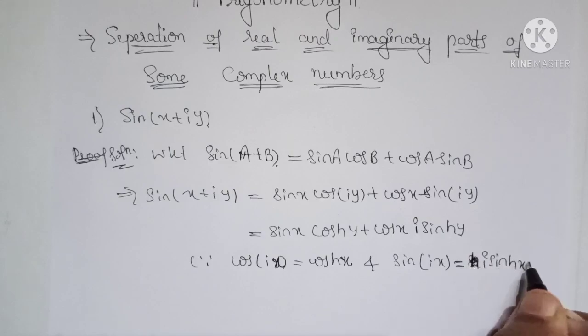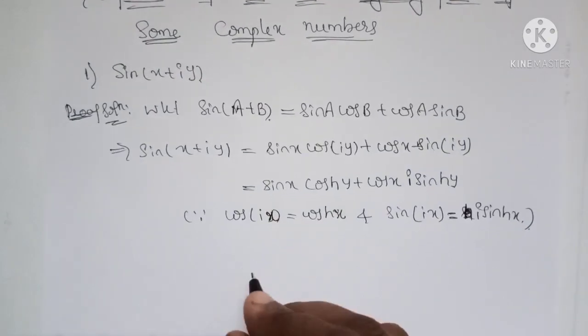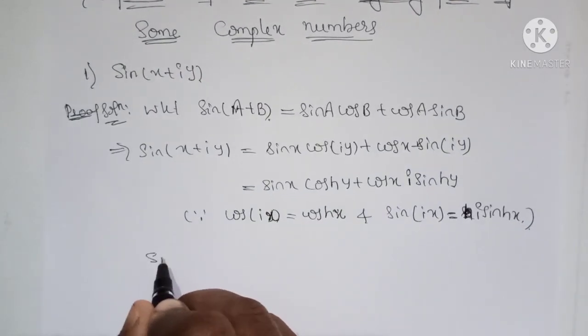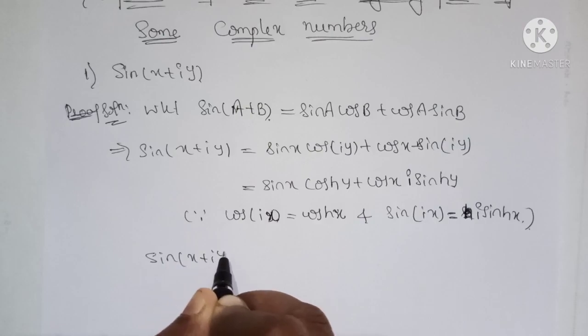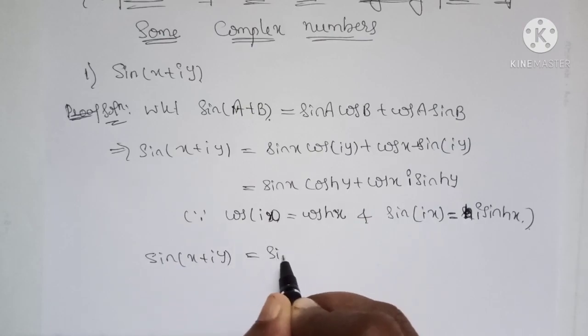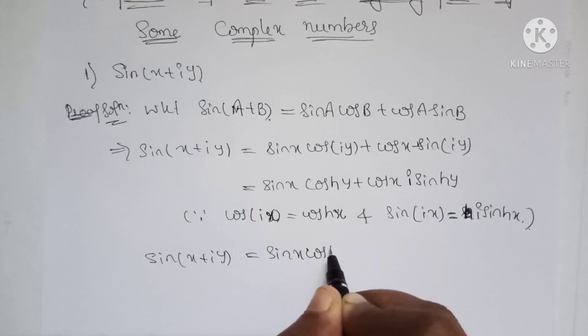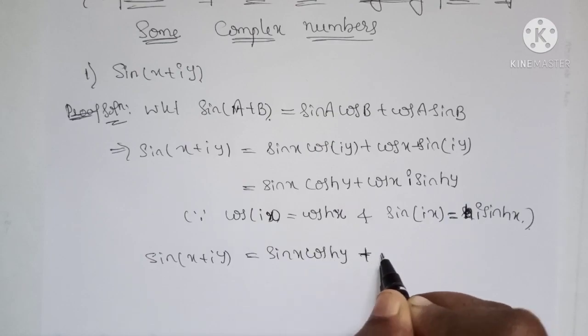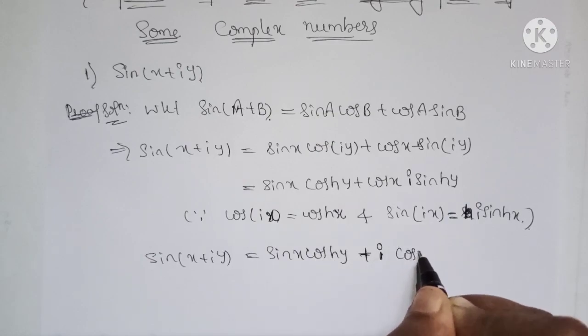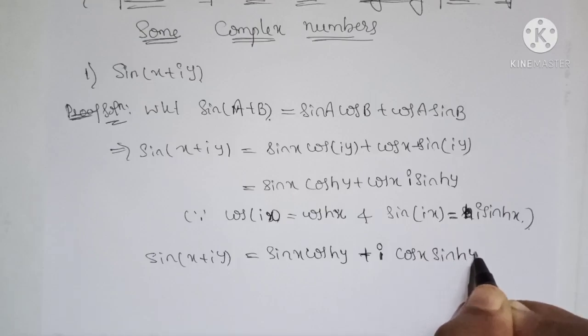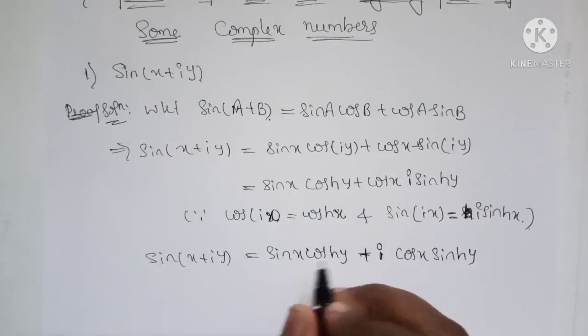So this is the relation between circular functions and hyperbolic functions. Therefore sin of x plus iy can be written as sin x cosh y plus i into cos x sinh y.